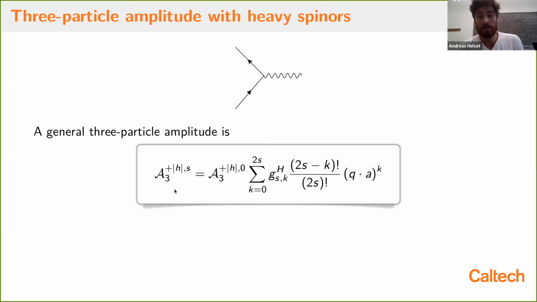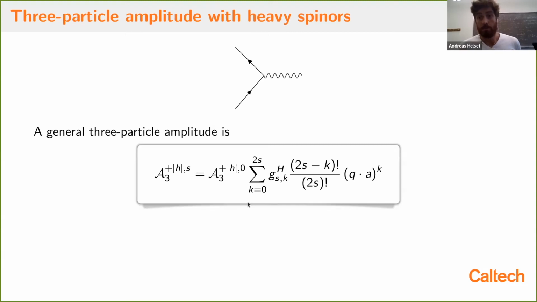You have the spin s amplitude here on the left. It's equal to this scalar amplitude, this h comma 0, this proof factor, times a sum over multiple spin multipoles in the form of q dot a with some a priori unfixed coefficients.